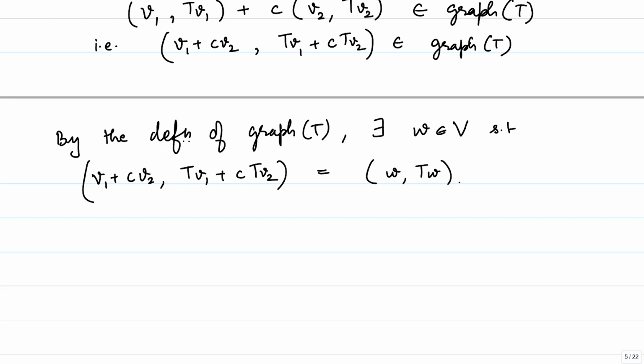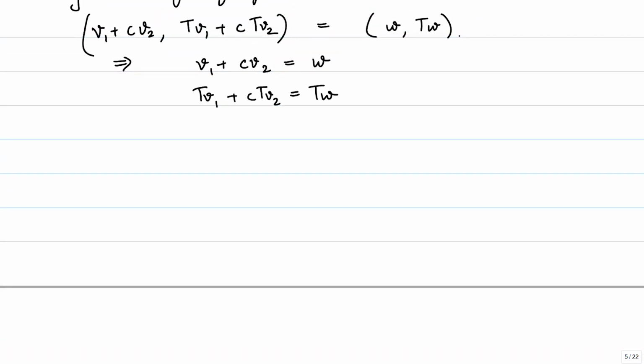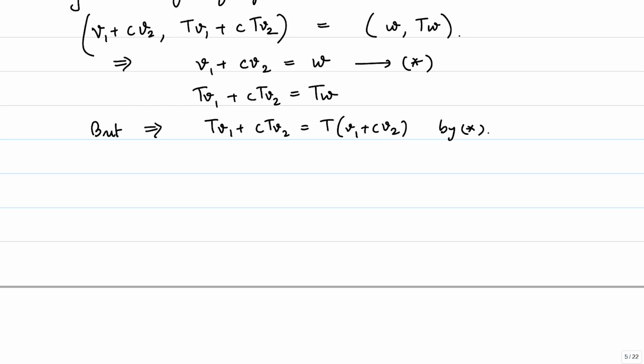But what does it mean for two elements to be equal in the product vector space? This means that V1 plus cV2 is equal to w and TV1 plus cTV2 is equal to Tw. But what was w? w was V1 plus cV2. But this implies TV1 plus cTV2 is equal to T of V1 plus cV2, by star. And this is precisely what we had attempted to prove.